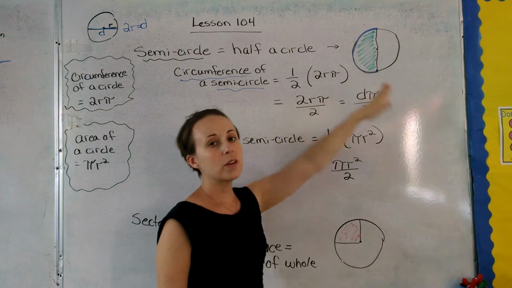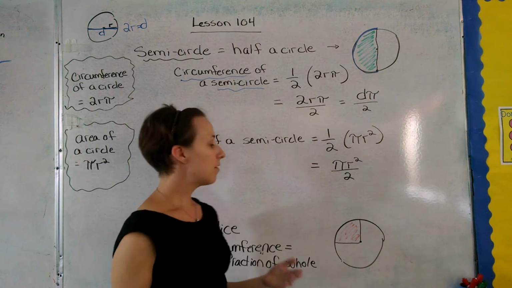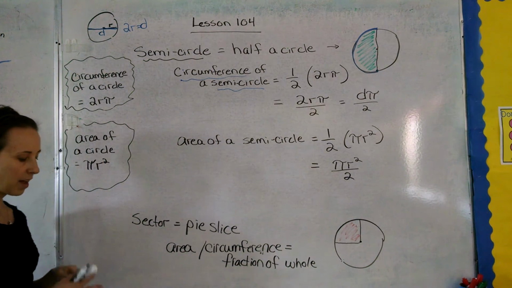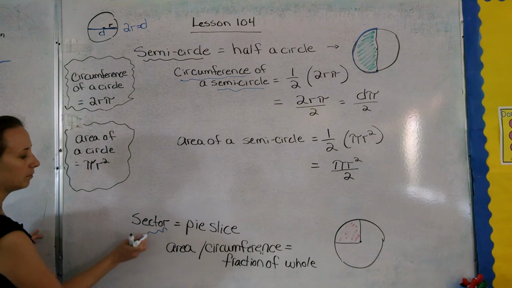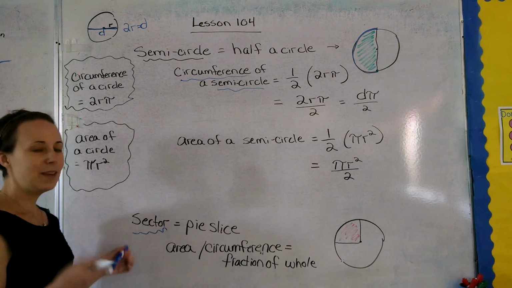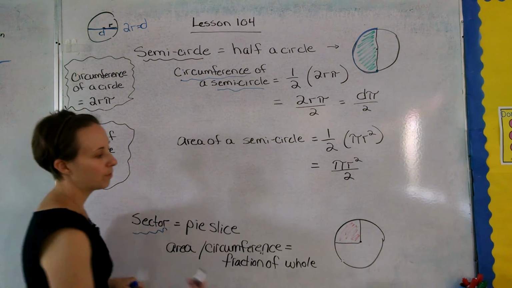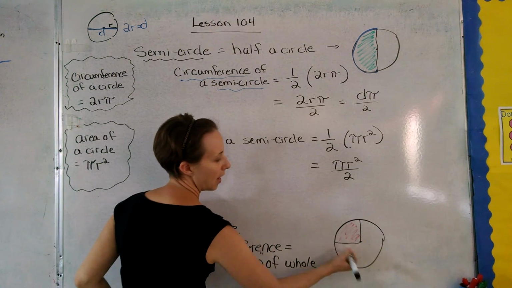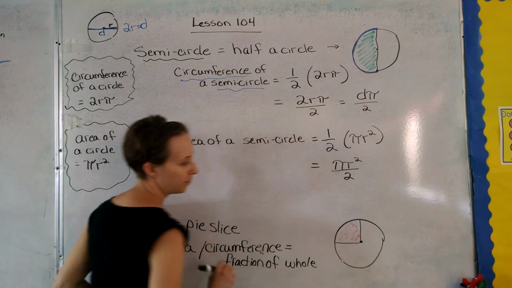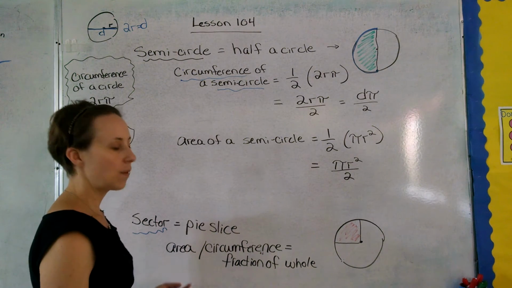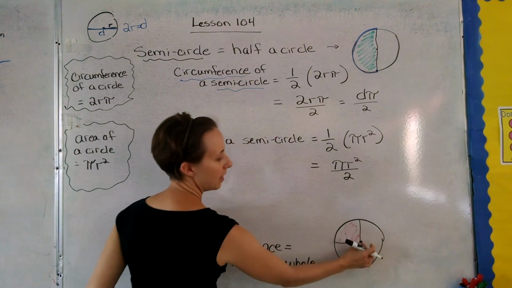Turns out a semicircle is a very special type of sector. A sector is any piece of a circle that goes from the outside to the center. It's almost always going to look like a slice of a pie. It can be very skinny.